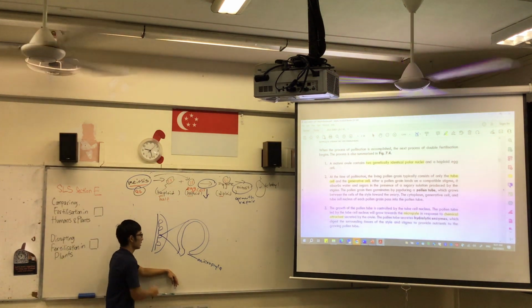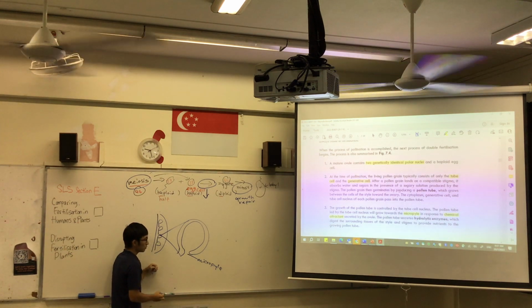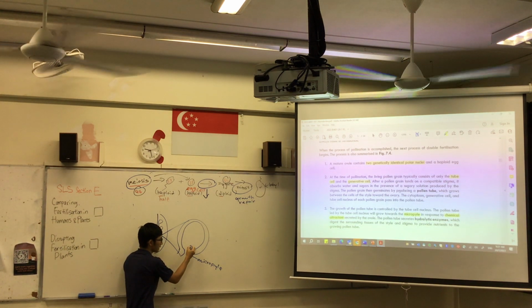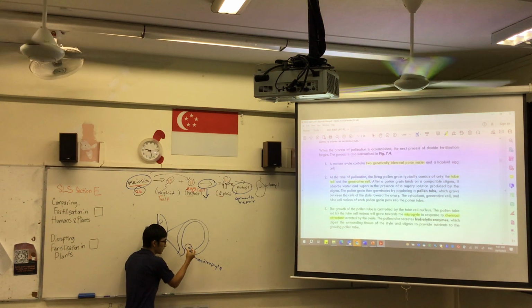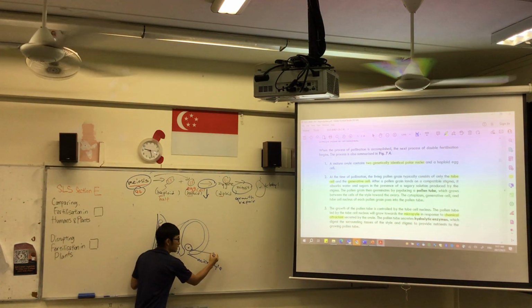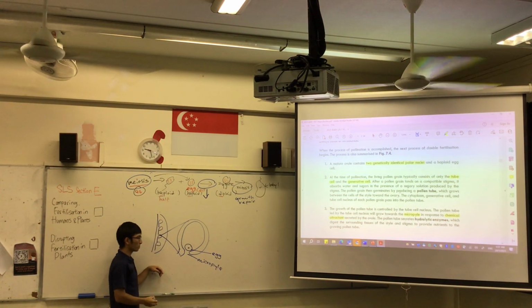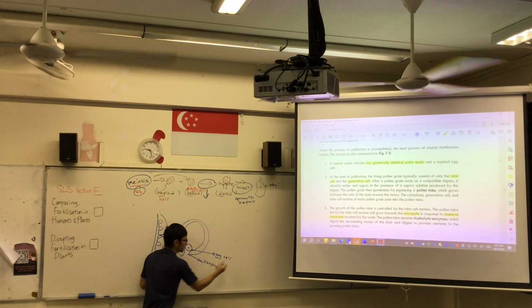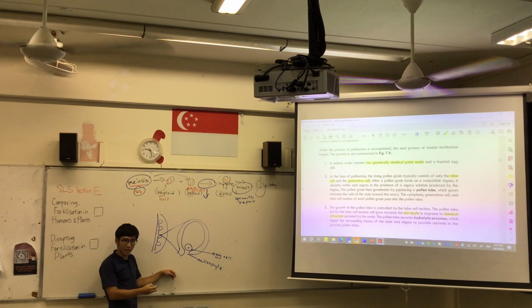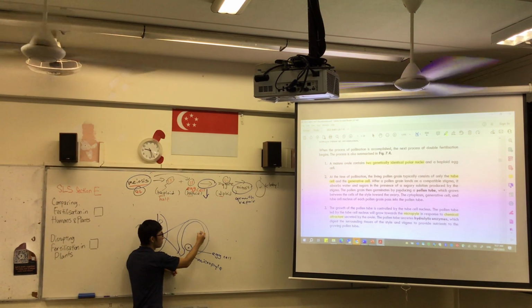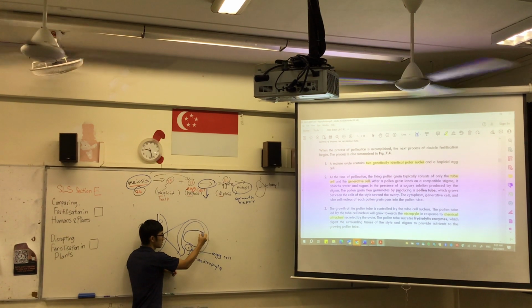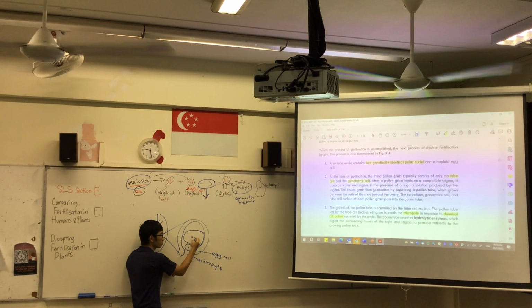I wonder. Right, inside each ovule, I'd like you to take note of the fact that there is an egg. There's one egg inside that needs to be fertilized. Egg cell. Other than that, there's also one more cell inside that contains two nuclei.